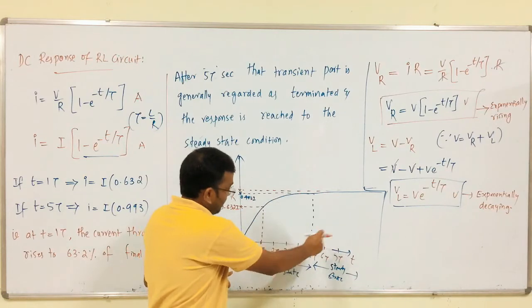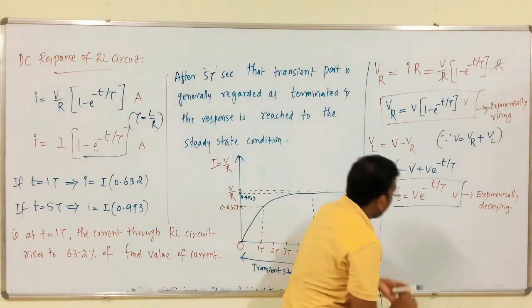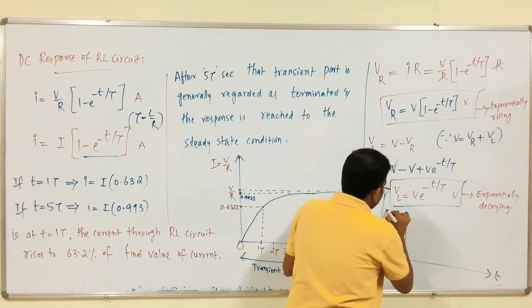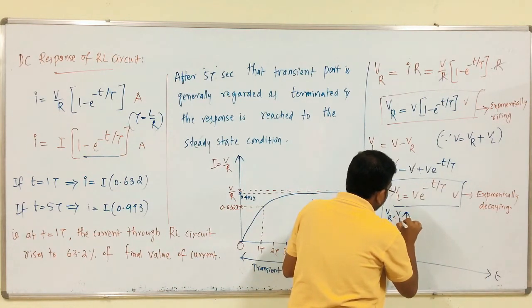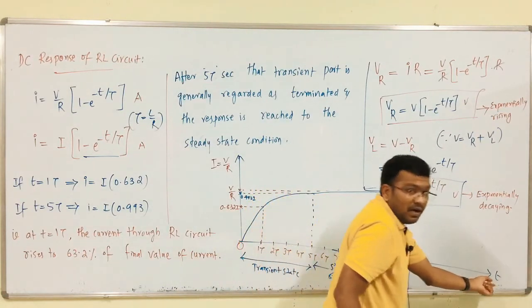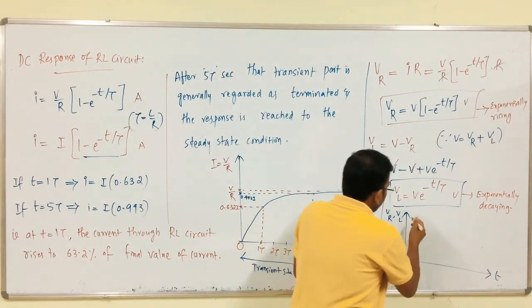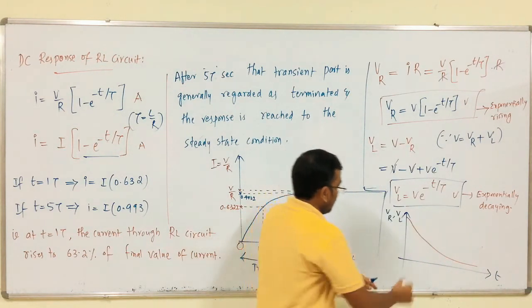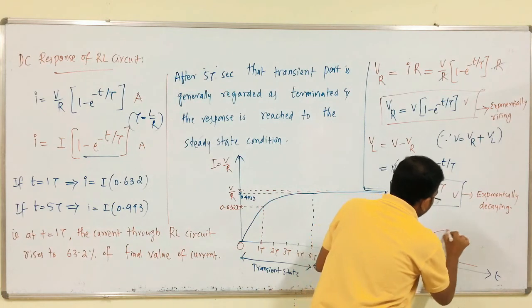Decaying means like this. So, if we draw the graph, this is time, this is VR and VL. The y axis is VR and VL, the x axis is t. So, exponential decaying is VL, exponentially rising is VR.